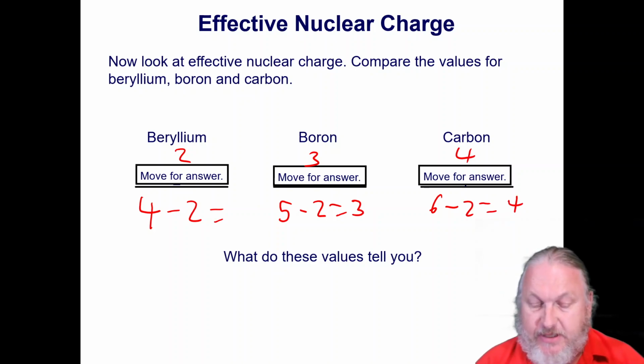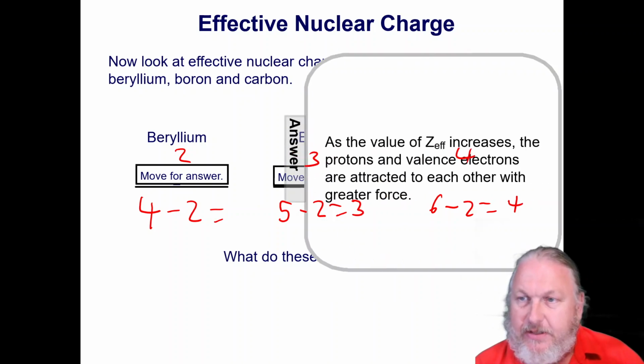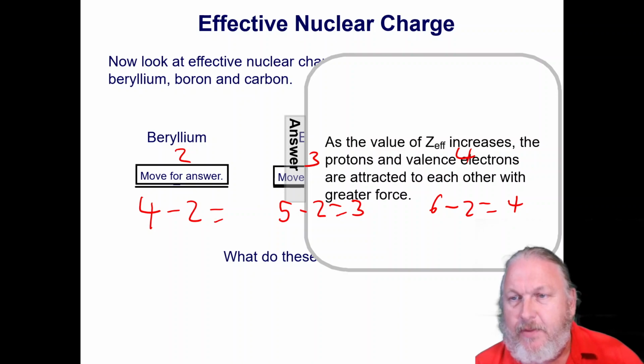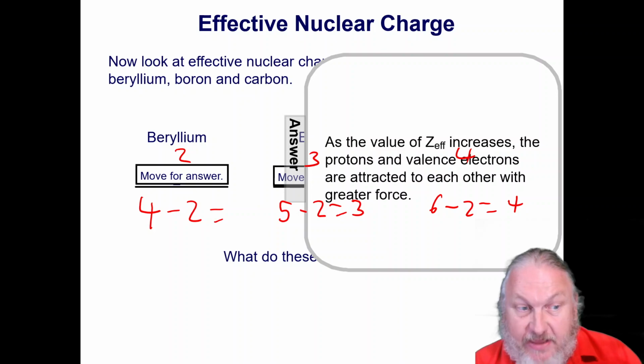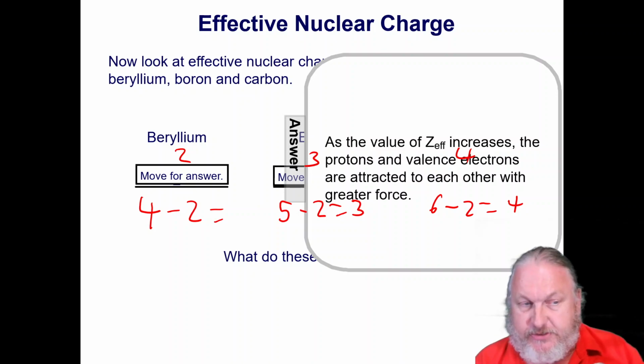So what does that tell us? Well, what it tells us is as we go to the right of the table, the Zeff increases. The protons and the valence electrons, or the outer shell electrons, are attracted to each other with a greater force.